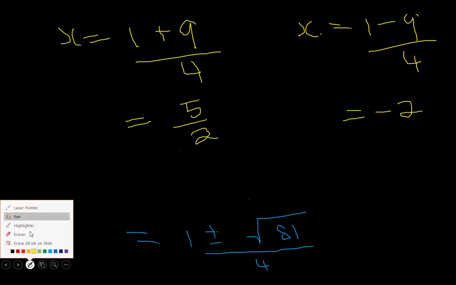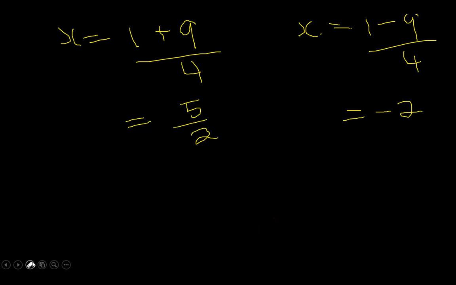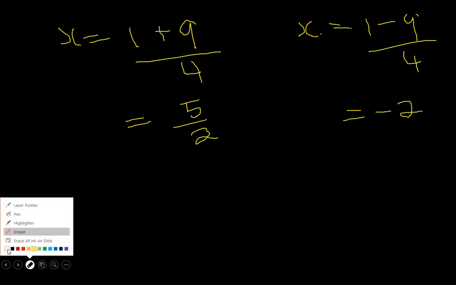But this is logs. When you're dealing with logs and you have a negative number, be very careful. You need to make sure that negative number doesn't affect anything. What was the original question?